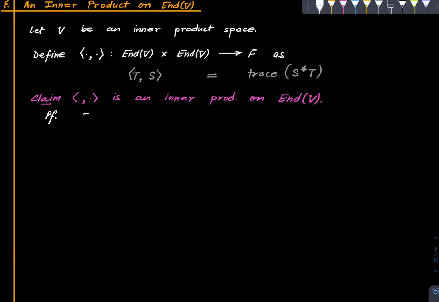First of all, what is this? This is trace of, but that is equal to, where E1 up to En is an orthonormal basis. I'm not writing that. So this is equal to this.